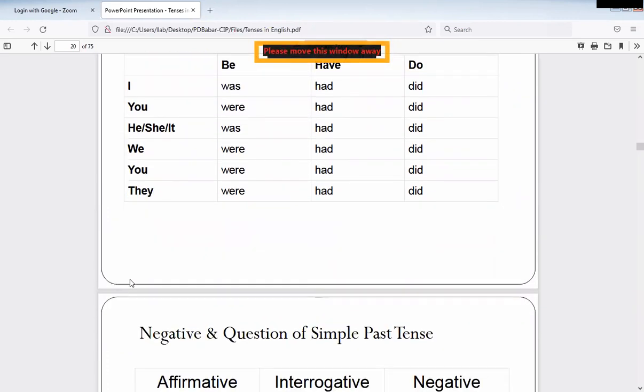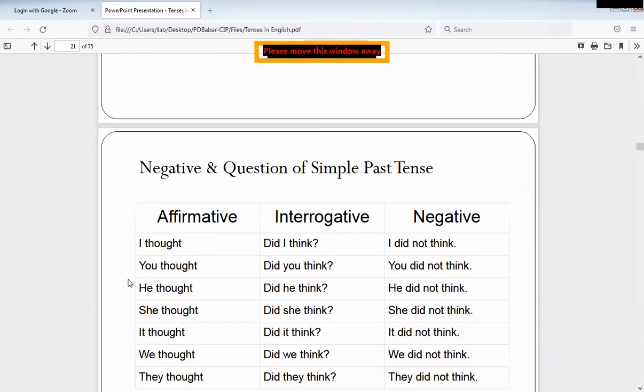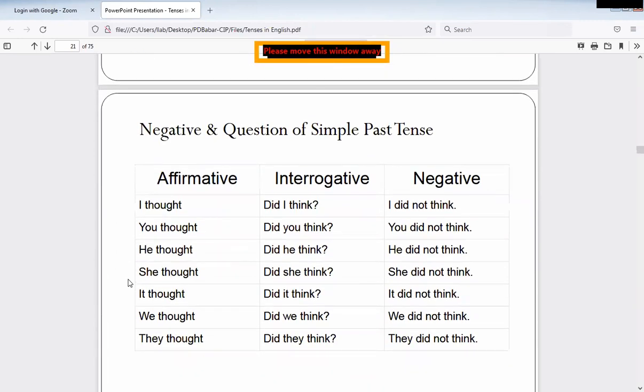Also, we are discussing the assertive or affirmative, negative, and interrogative of the simple past tense.